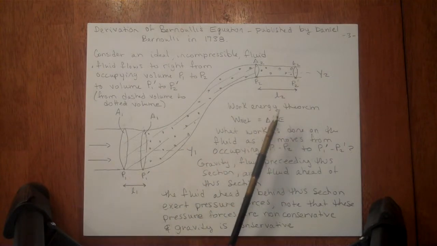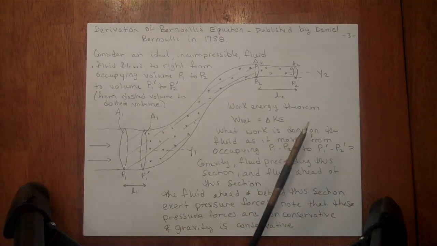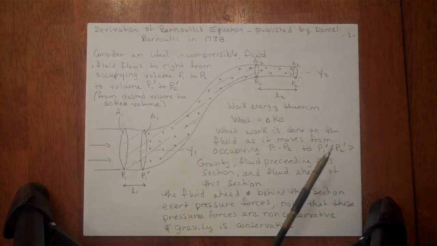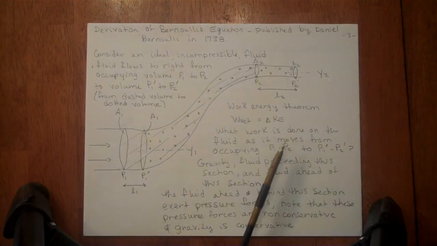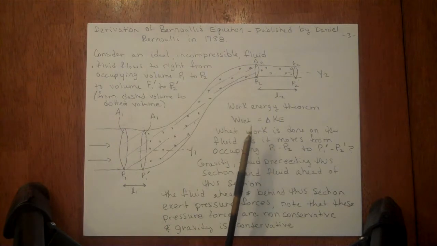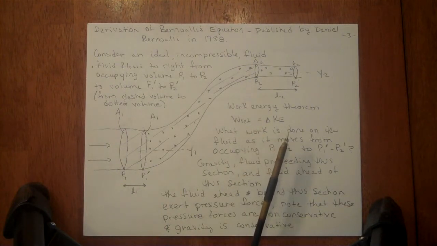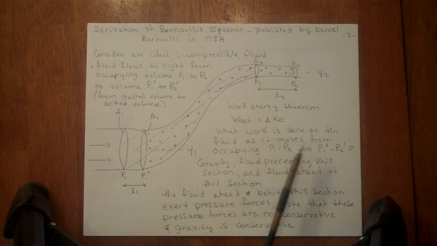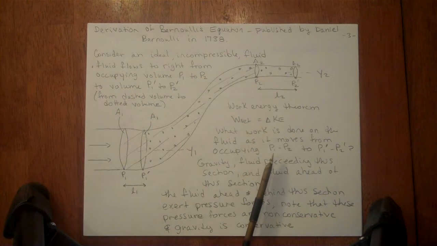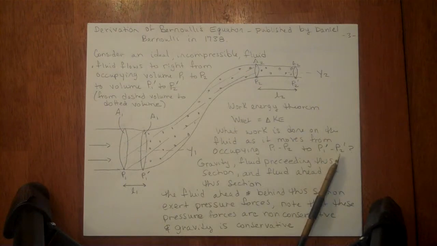The work-energy theorem that we learned back in Chapter 6, a very important concept that we'll be using over and over again, says that the net work done on any entity is equal to the change in the kinetic energy of that entity. So what work is done on this section of fluid as it moves from occupying the volume P1 to P2 to the new volume P1 prime to P2 prime?